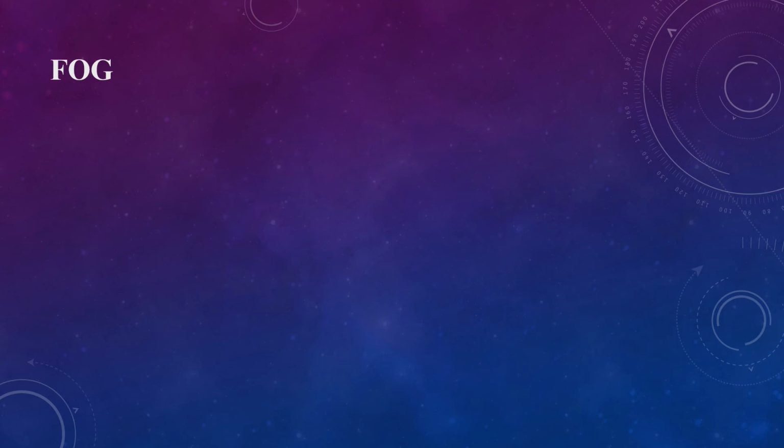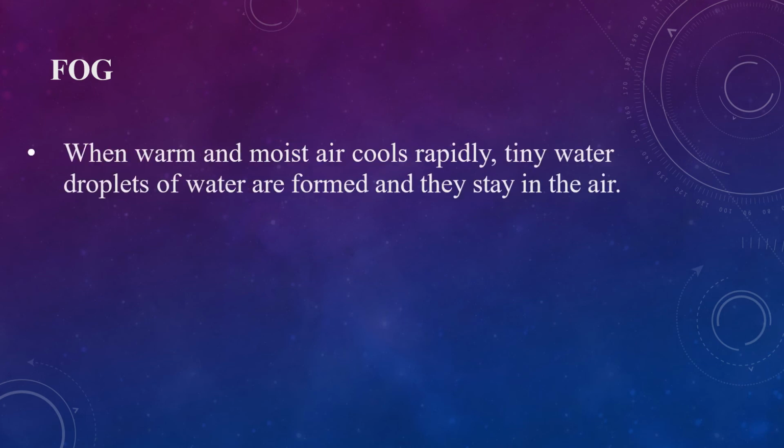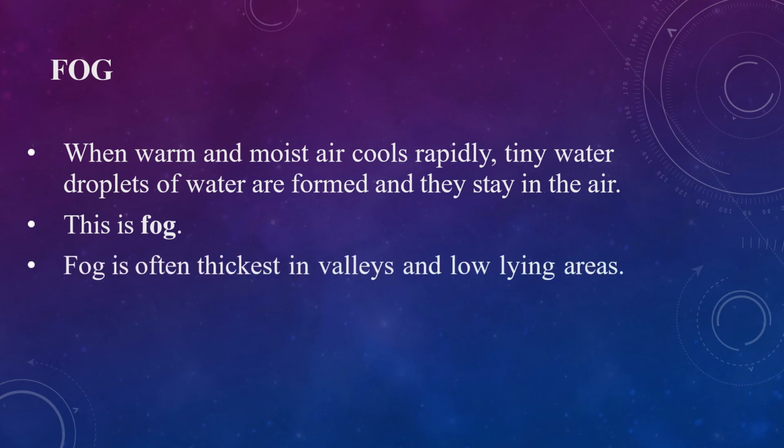Let us learn about fog. When the warm and moist air cools rapidly, tiny water droplets are formed and then they stay in the air. And this is called fog. Fog is often thickest in the valleys and low lying areas.